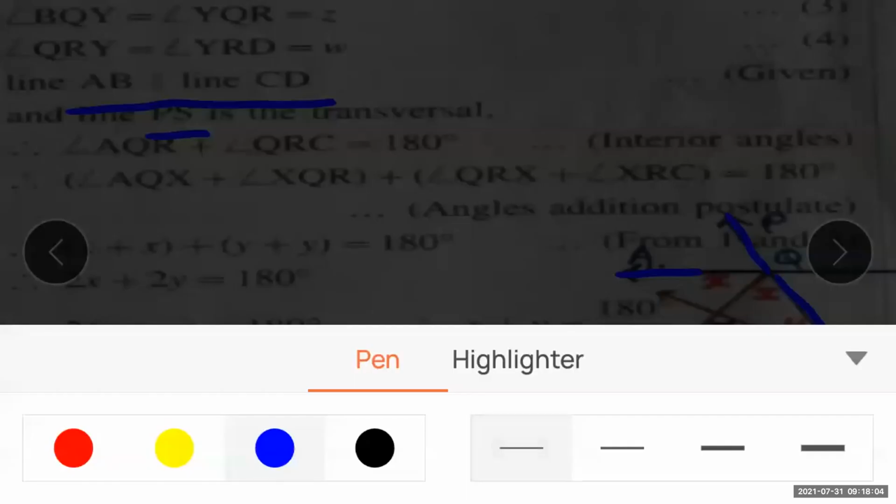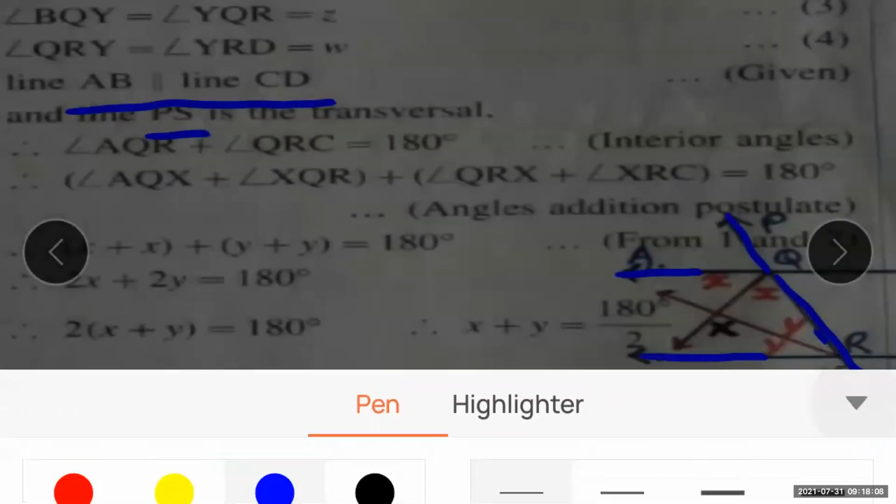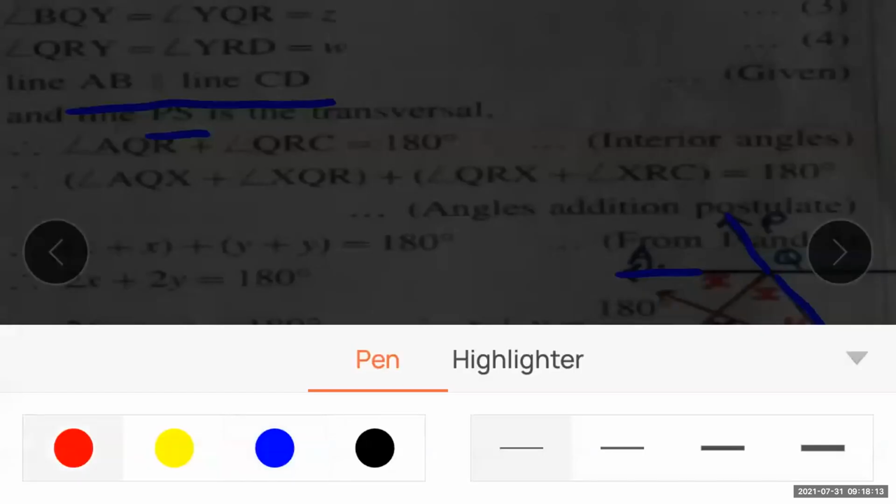Okay, now in this case, see angle AQR, angle AQR. Here, one sec. Angle AQR. So here is AQR.